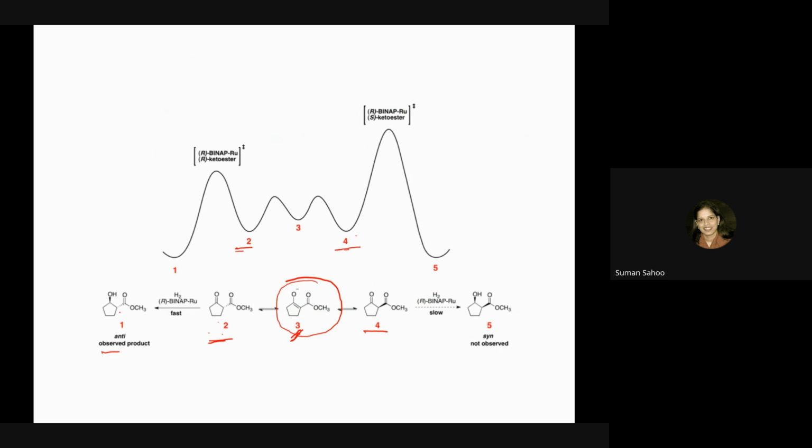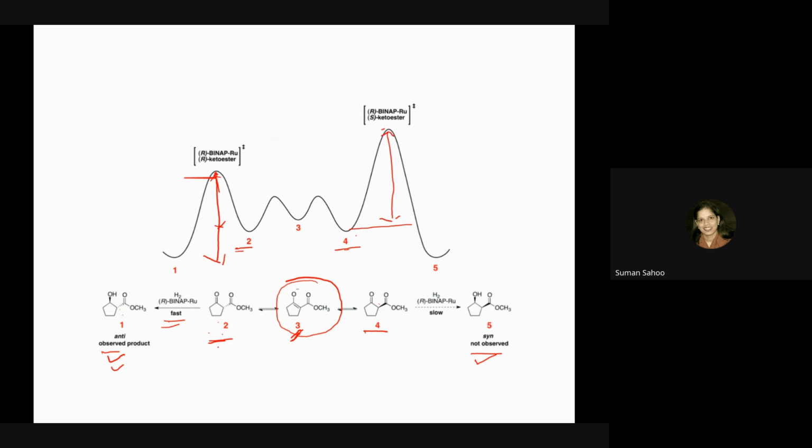Okay, they are opposite to each other. This is up the plane and this is down the plane, and this one is going to give you the syn product. So in both the cases, this one is very fast to give you the anti product, and in this case that is going to be your syn product, which is not observed. So this passes through a less energy as compared to here, which passes through a higher energy.